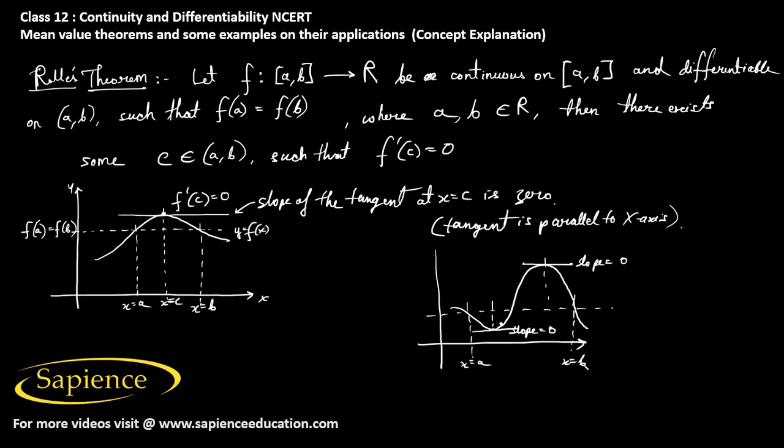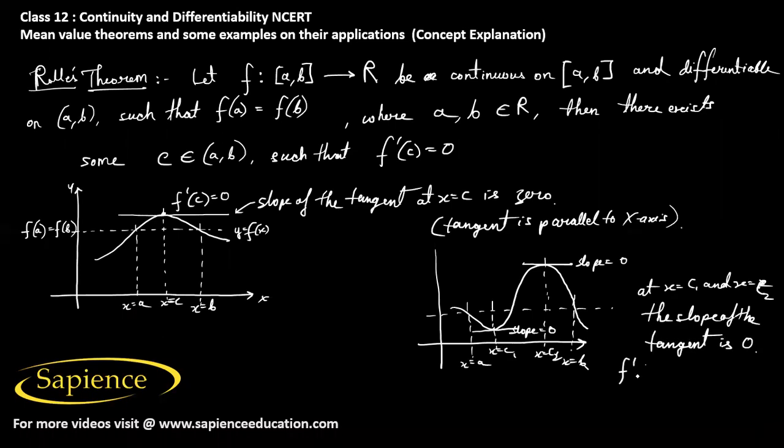So at these two points, say at x equal to c1 and c2, the slope of the tangent is 0.